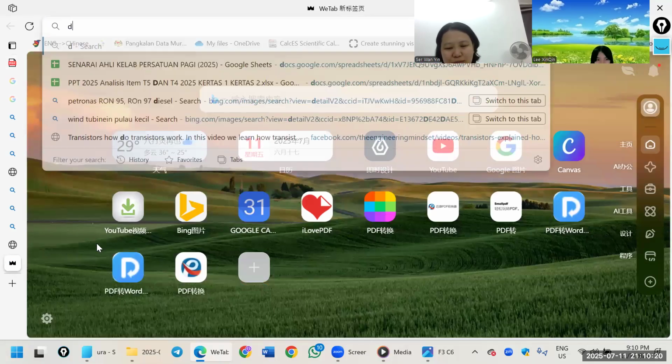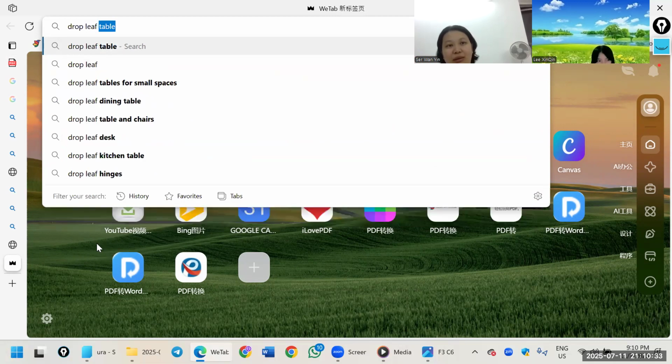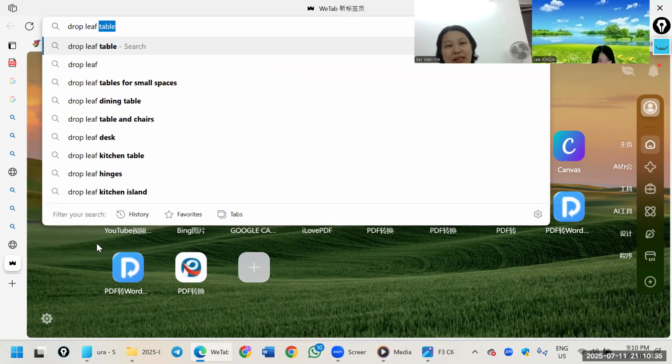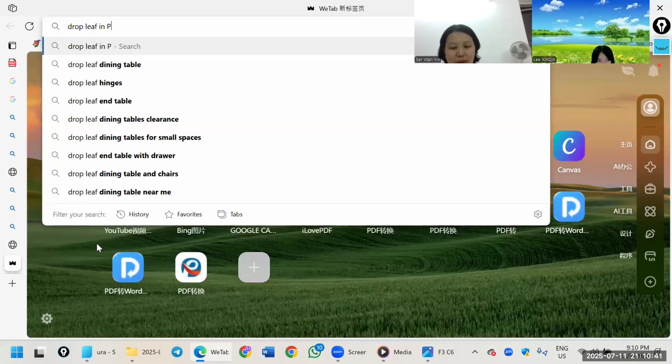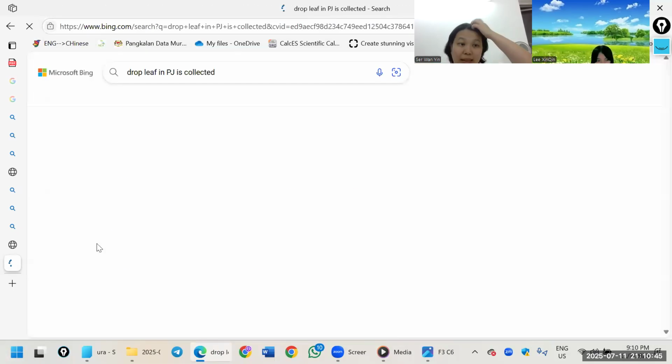Do you see people sometimes they blow the drop leaf around? And do you know why they blow the drop leaf? They want to collect the drop leaf. Why they collect it?